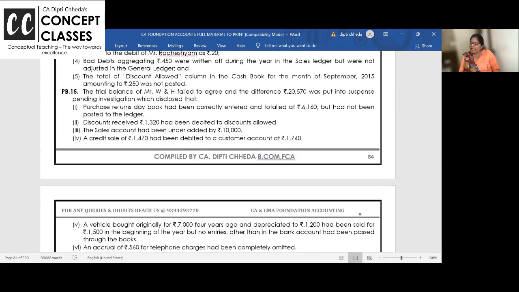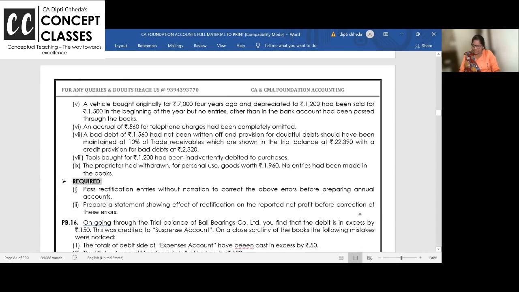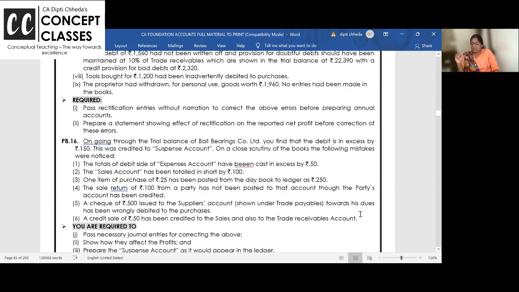Trial balance of W and H failed to agree, and the difference of 2057 pending was put up in the suspense account. Which side we don't know. Purchase return has been correctly entered and totaled, but posting is wrong. Like that, some entries are there, but the entries are good. So we will have to do some working in places for entries. Pass rectification entries without narration. Good. And prepare a statement showing the effect of rectification on the reported net profit before the correction of these errors.